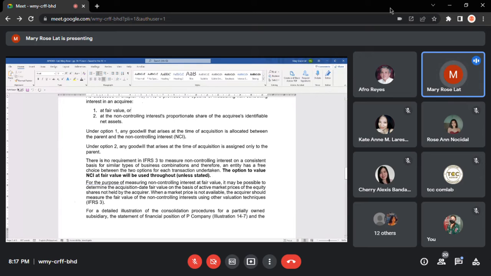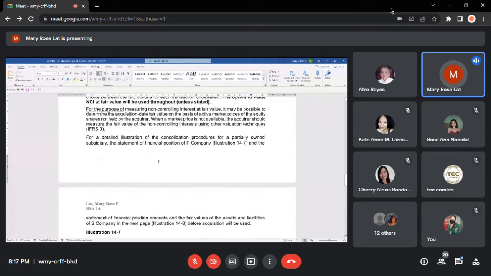Sabi nga po dito is no requirement in IFRS 3 to measure non-controlling interest. So, lahat po ng entity is merong freedom to choose between the two options. Pero despite that, the authors po decided to use the NCI at fair value. Pero if may na-mention na po sa problem na gagamiting measurement, yun po yung gagamitin natin.